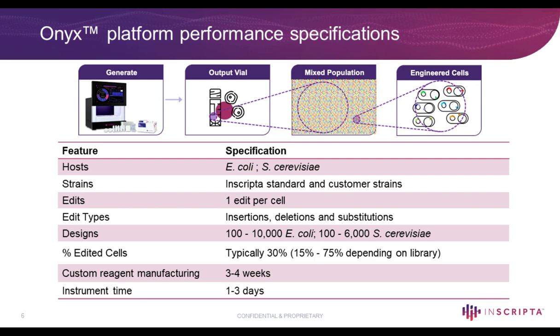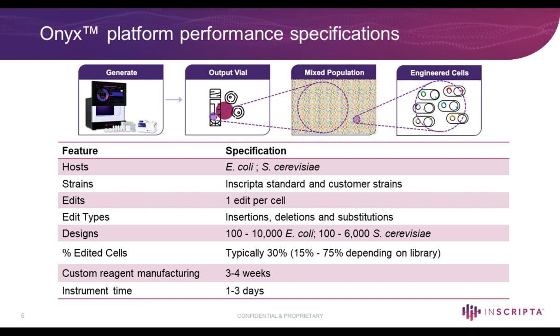So at the start, we'll be offering editing in both E. coli and Saccharomyces cerevisiae yeast strains, and then we have some Inscripta standard strains, both E. coli and yeast, that we can work with quite readily.